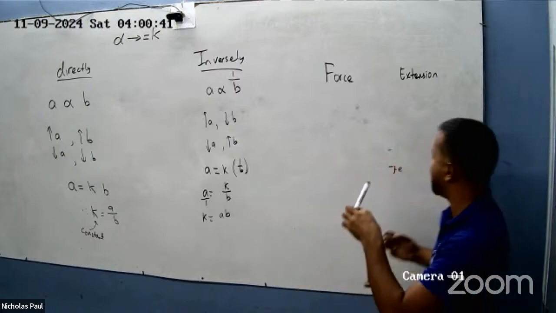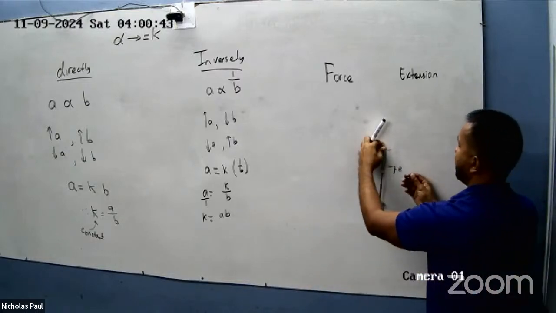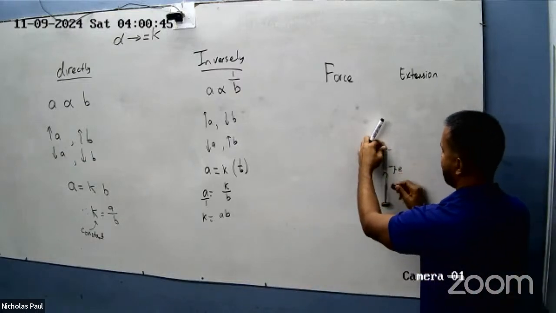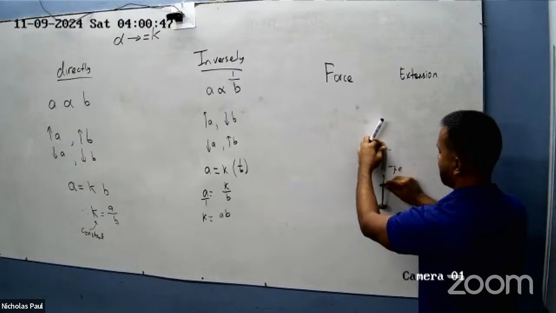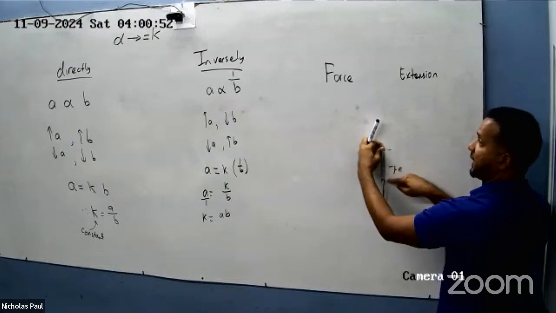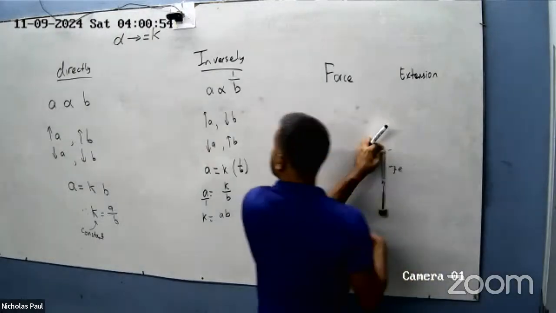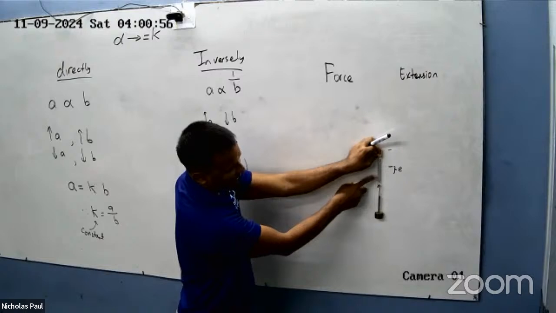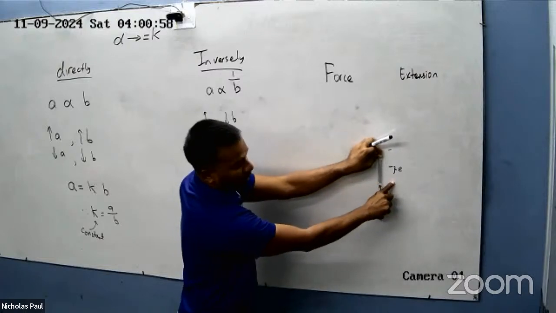If I add on a next mass here, you will see that the extension went a little bit lower.